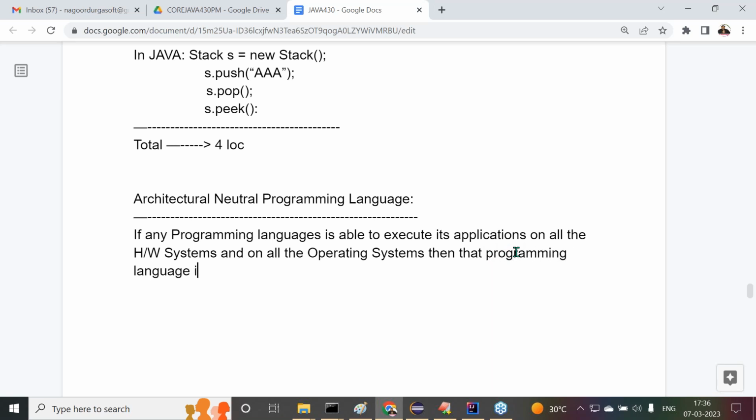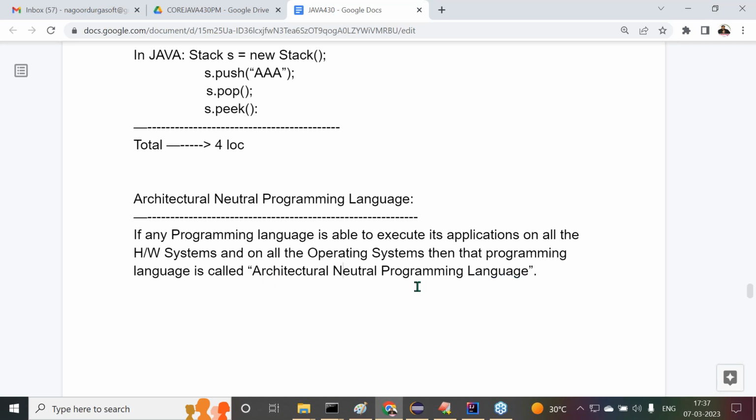Then that programming language is called an architectural neutral programming language. If any programming language is able to execute its applications on all the hardware systems and on all the operating systems, then that programming language is called architectural neutral programming language.